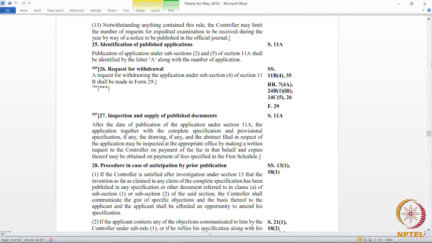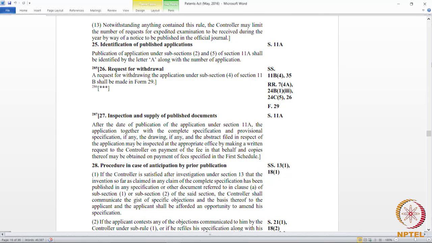In fact, during the 18-month period, the dormant period, an applicant is allowed to withdraw the application from the patent office 3 months before that period expires. So, we saw that under section 11 an applicant can withdraw the application, and we also mentioned that there is a common form for withdrawal.